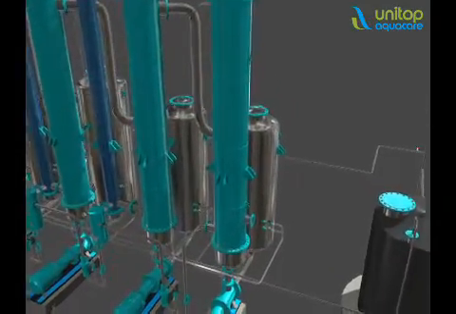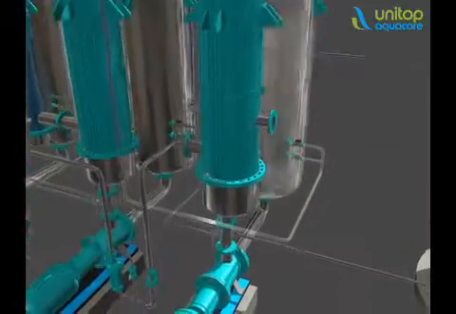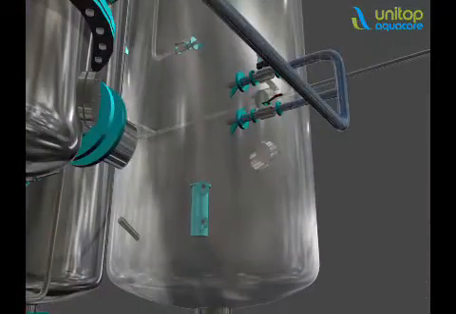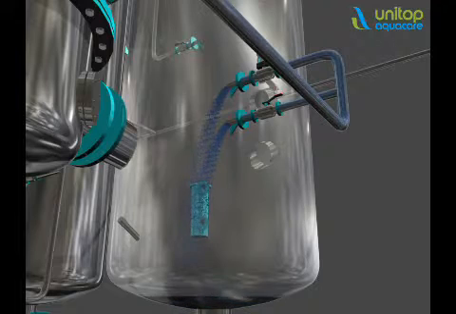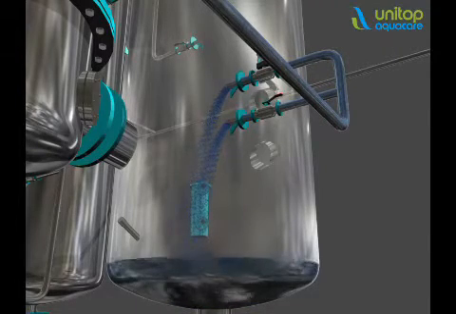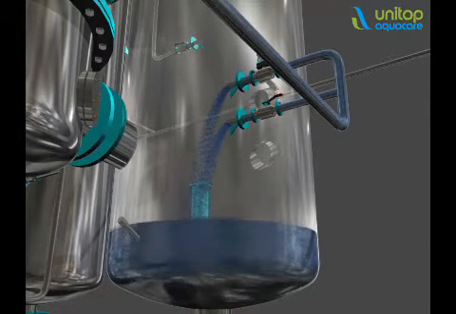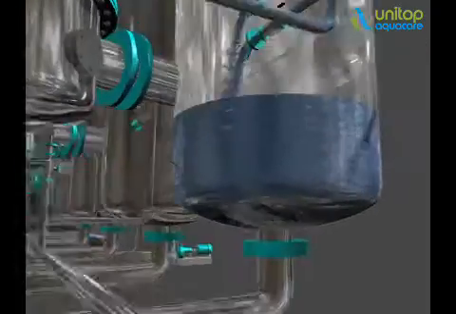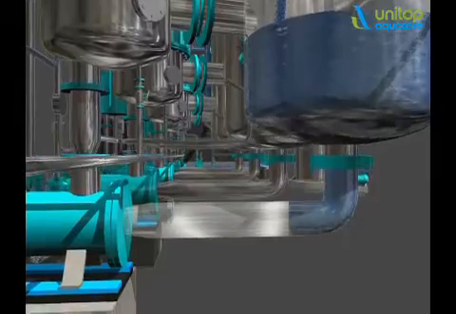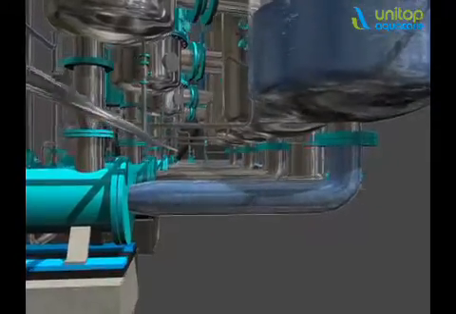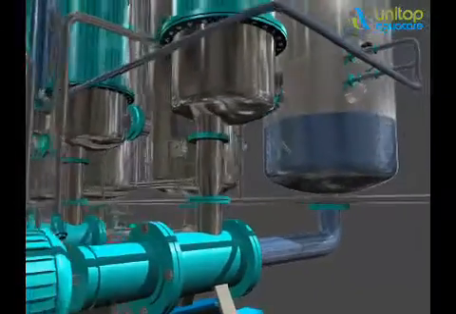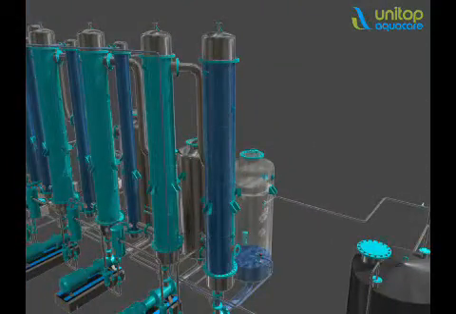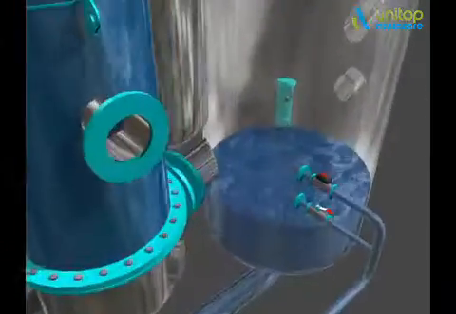The feed is regulated with the help of actuator-operated valves and PLC-operated level sensing devices, which regulate the feed to a desirable level, ensuring minimum condensate contamination. The circulation through the heat exchanger is maintained at a high velocity with the help of a forced circulation pump, thereby reducing the possibility of scaling in exchanger tubes.